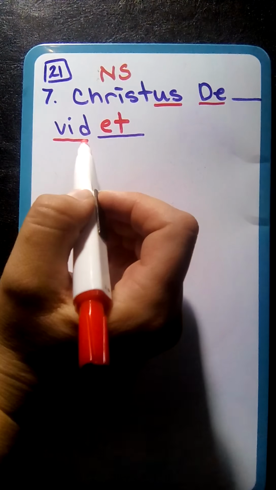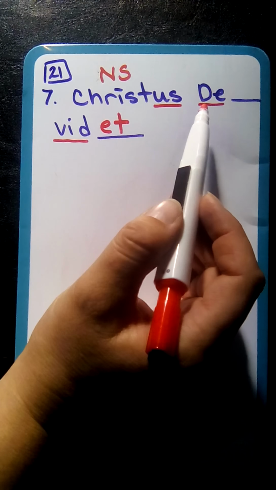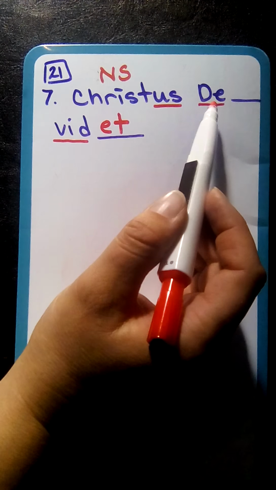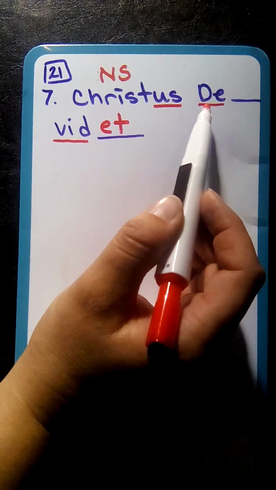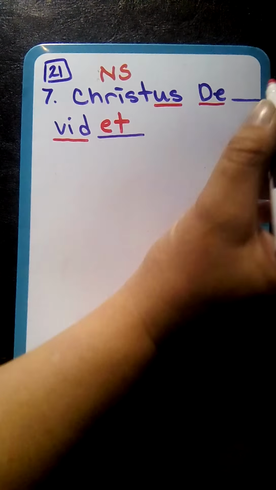Now, Christ sees, he sees God. God being our direct object, and a direct object is always put in the accusative, so we're going to look for the accusative singular of God. And God is Deus, Dei, putting it in the second declension masculine. Looking through for our accusative singular, we find Deum.